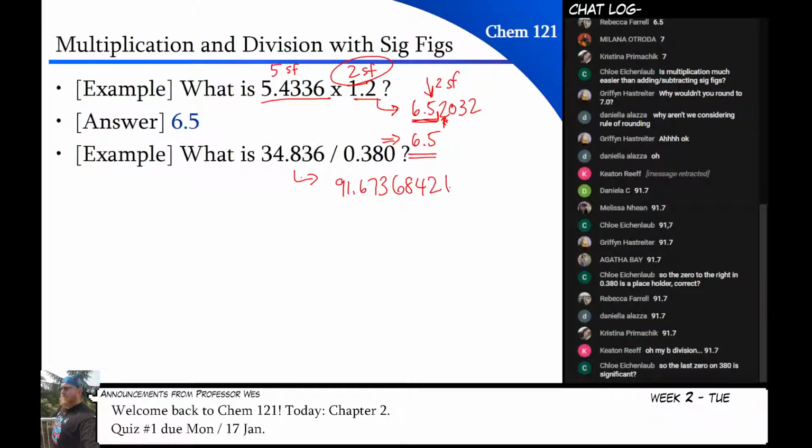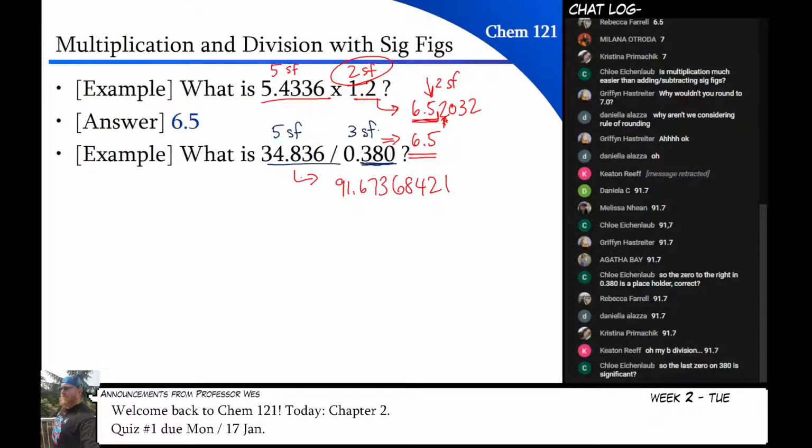91.67368421. That's way too many sig figs, isn't it? So let's go count sig figs. So this is 5 sig figs. These are my sig figs in this one. There are 3. Because again, decimal rule.